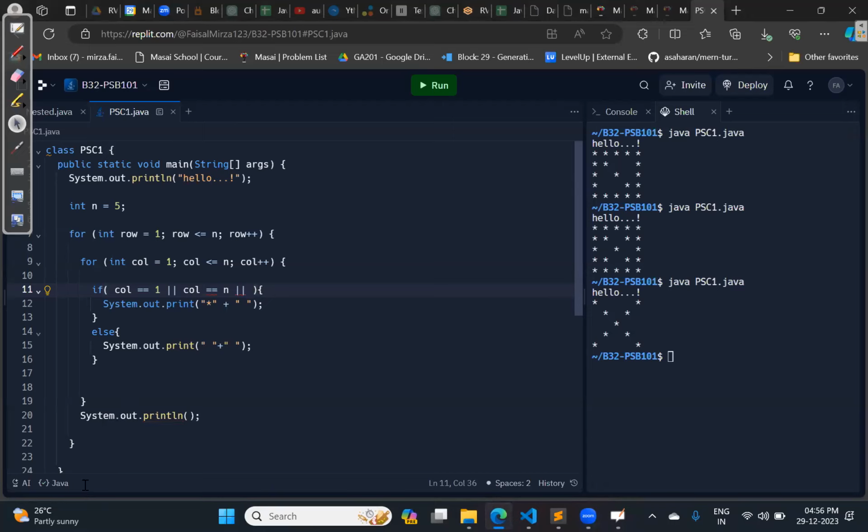Yeah, so tell me, apart from the first column and the last column, what else will we require? We will require one more diagonal.